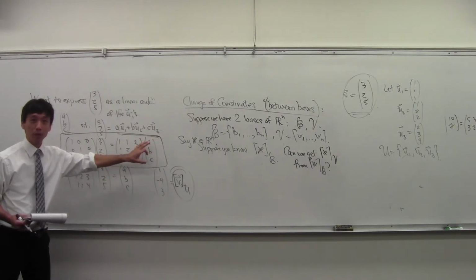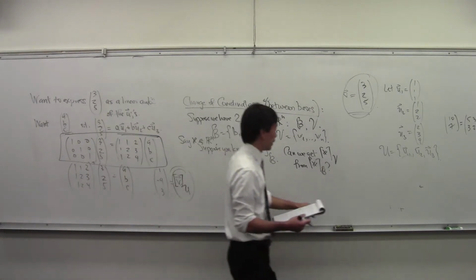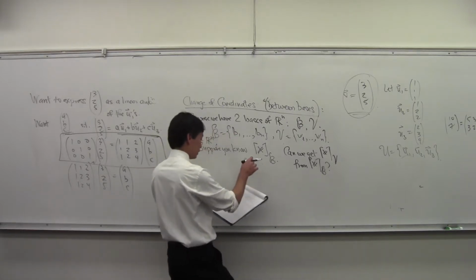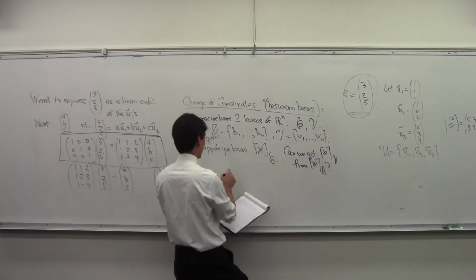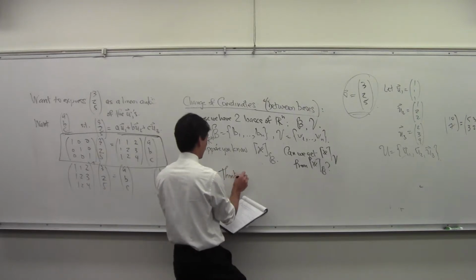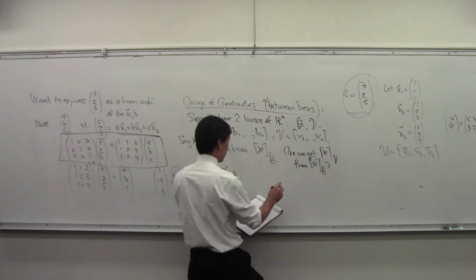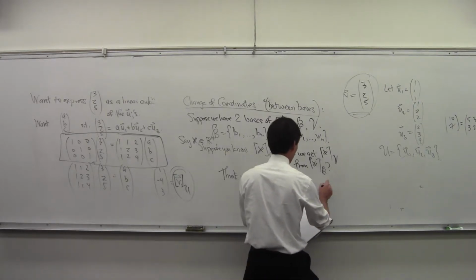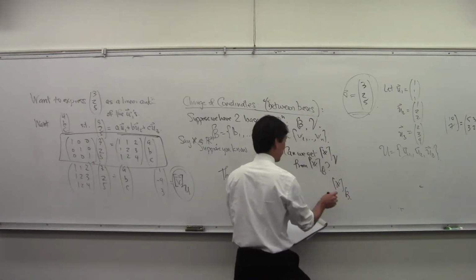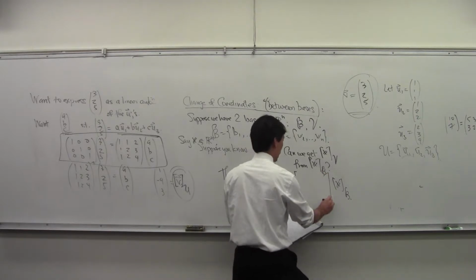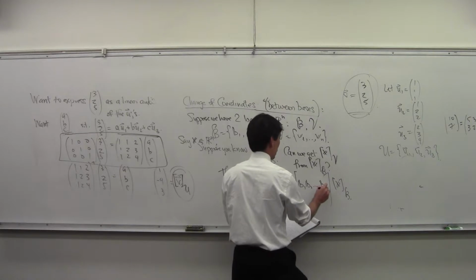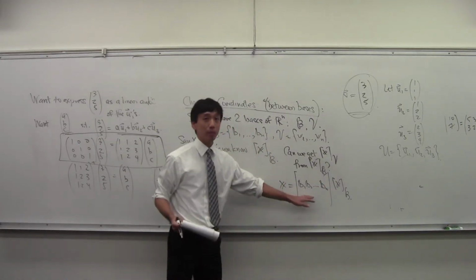Let me see if I can make this more clear. This vector x is really, one way of writing it, the coordinate vector with respect to B times the matrix whose columns are the basis elements of B.